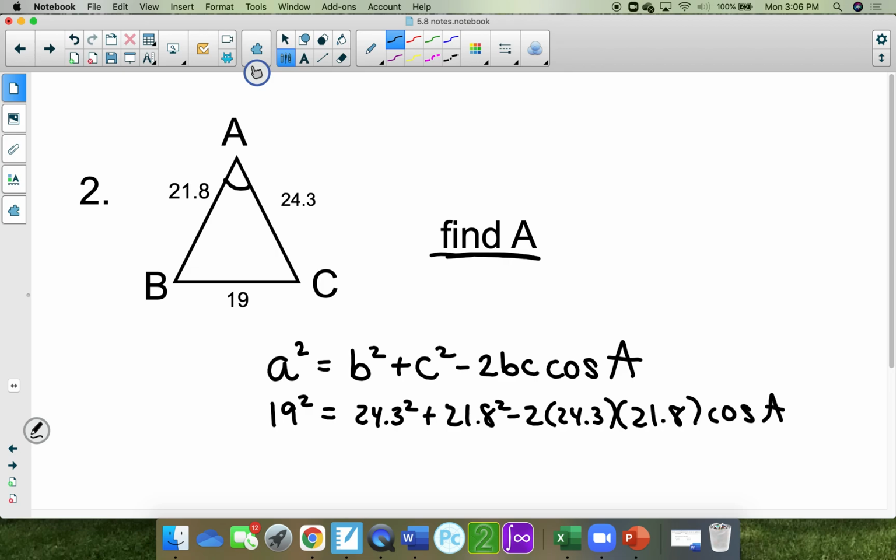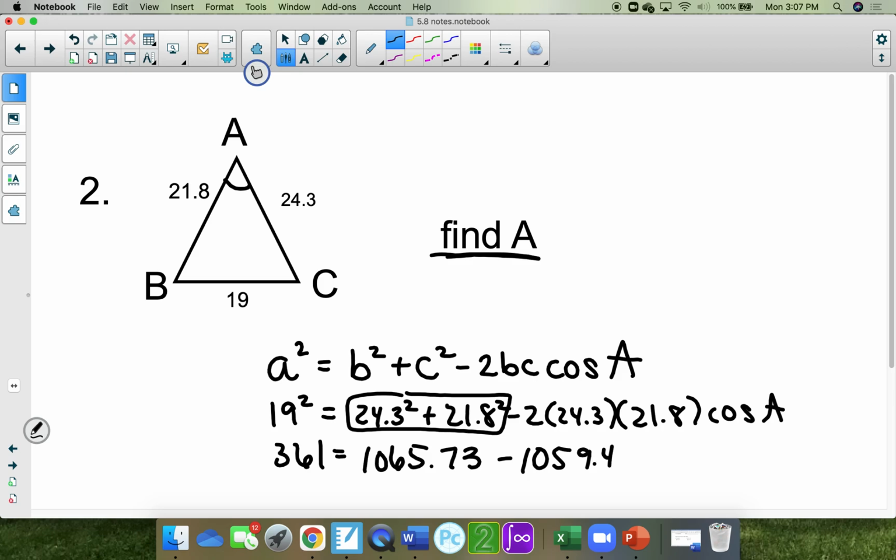And 19 squared is 361. And if you add these together, what are we going to get when you add those together? 24.3 squared plus 21.8 squared equals, you're going to get 1065.73 minus 1059.48 cosine of A. This is the mistake.